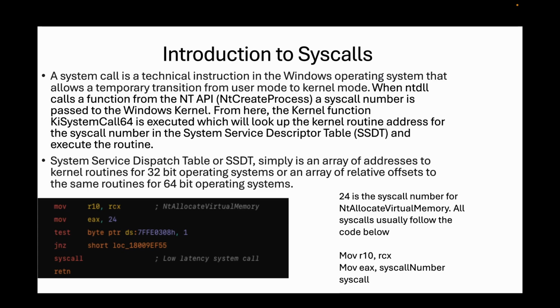The SSDT, or system service dispatch table, is an array of addresses to the kernel routines for 32-bit operating systems, or an array of relative offsets to the same routines for 64-bit operating systems.